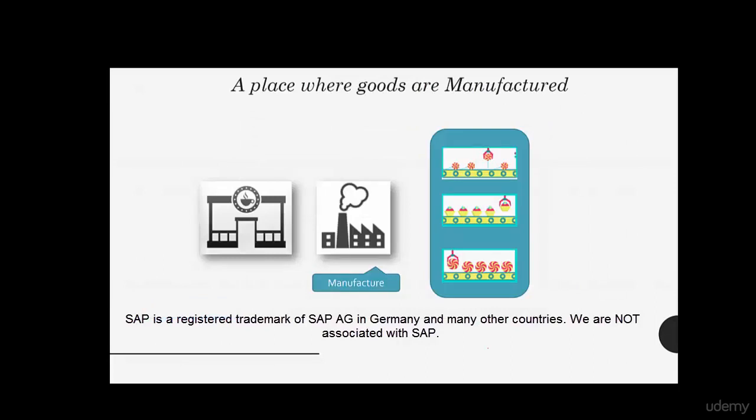So what is a plant? A plant is a place where goods are manufactured. Like, so this is your coffee shop, right? This is your coffee shop, and each coffee shop could be associated with one or more plants. Why do you need a plant for a coffee store? So you don't just sell coffee, right? You sell some pastry, you sell some bread maybe, or you sell some stuff, right?